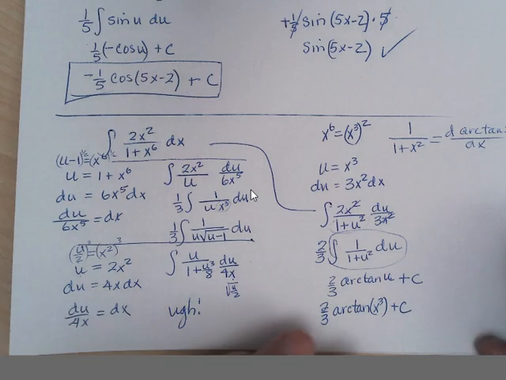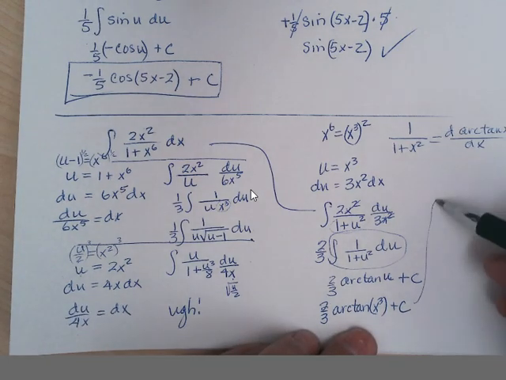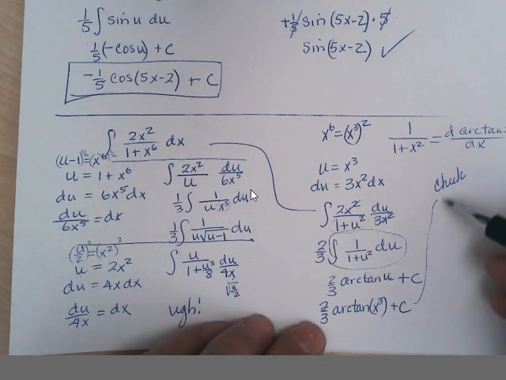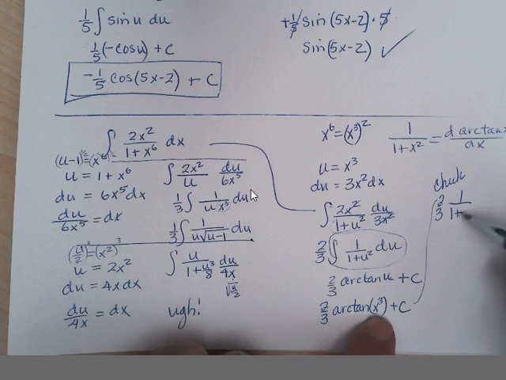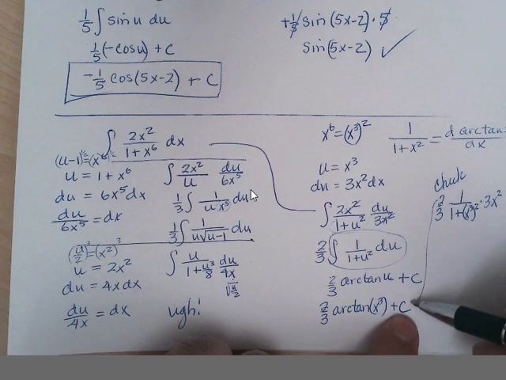Let's check. So let's take the derivative. So 2/3 would stay. The derivative of arctangent is 1 over 1 plus whatever's in the arctangent squared, times the derivative of the inside, which is 3x squared, and the derivative of the constant, 0.